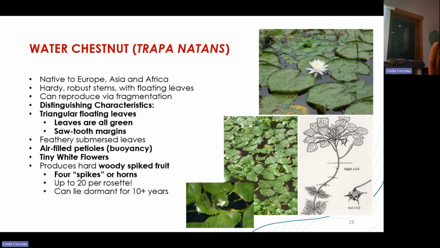Lake Musconetcong. Right, exactly, Lake Musconetcong. Yes, and Amwell Lake up in Amwell as well. So this one is definitely not one that you want. And it can also produce, when it's really happy, a white flower in the middle of the rosette. And it can stay dormant for over 10 years.